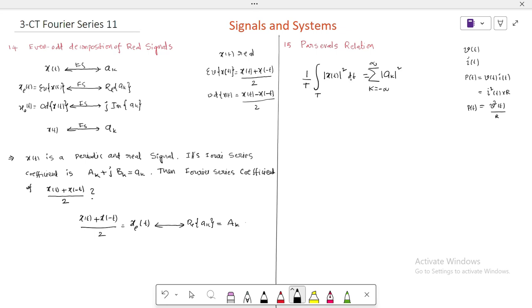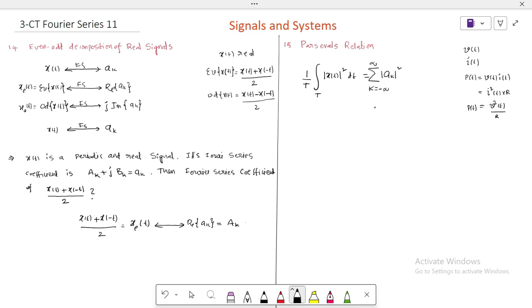The mod of e power j k omega naught goes to 1, so AK square. Next, what is the AK formula? AK equals 1 by T integral over T of x of t into e power minus j k omega naught t dt. But in this power relation, you just take the square, and the mod of the exponential goes to 1.